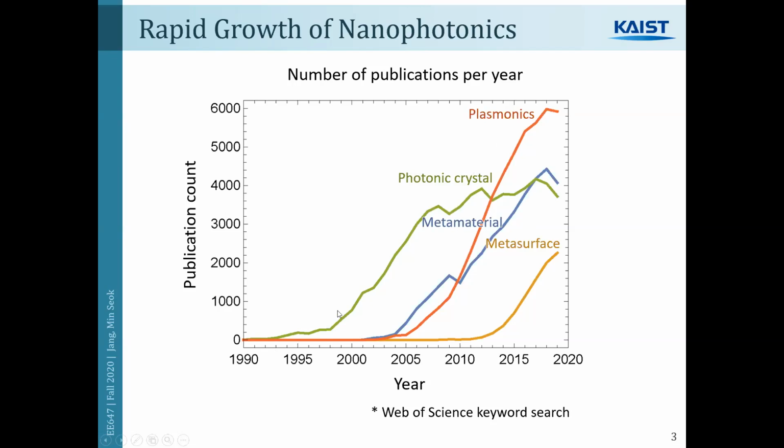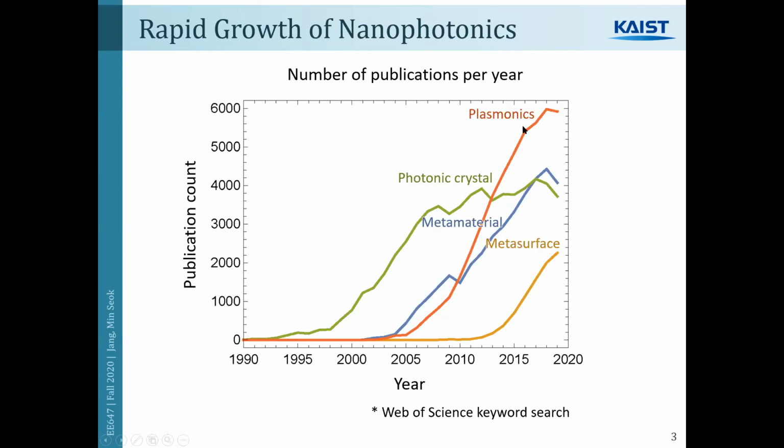All these topics are increasing rapidly, except for photonic crystals. Photonic crystal is a somewhat earlier topic. You can see it starts to gain popularity around 1995, and then it gets extremely popular in the early 2000s, and now it's a bit saturated because it's a matured field.